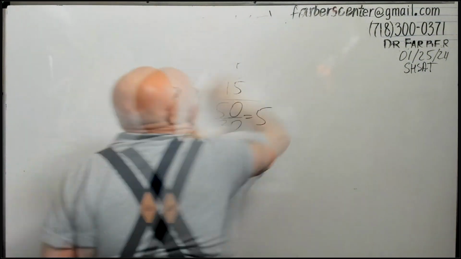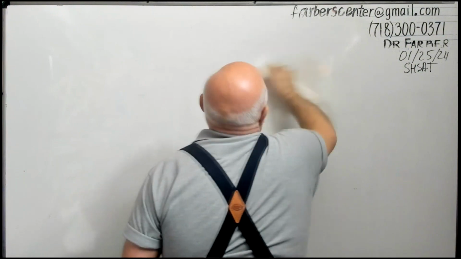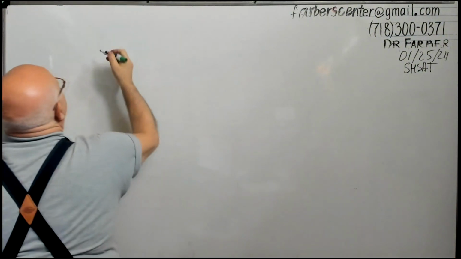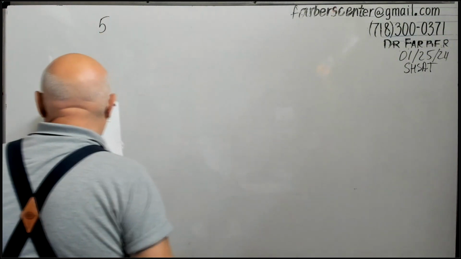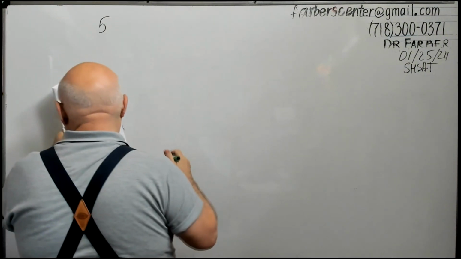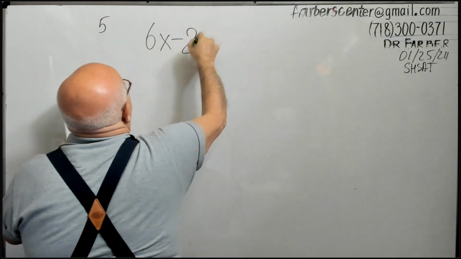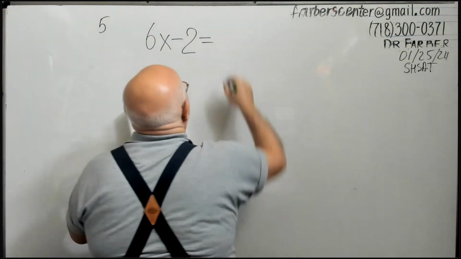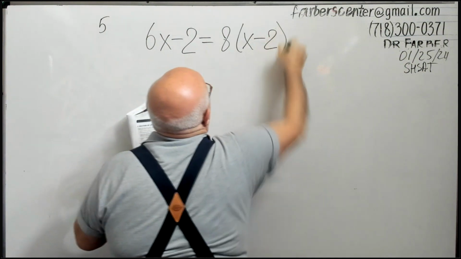Number 5. 6x minus 2 equals 8 times x minus 2.